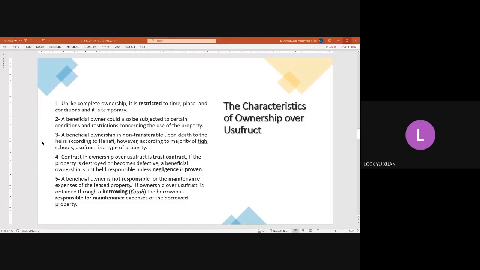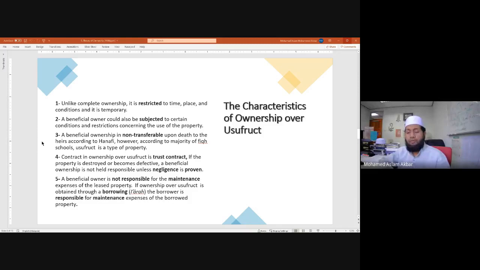So in this condition, we are sharing the expenses to take the Grab or taxi. So is it the concept of the ownership over usufruct? Both of you have ownership of the usufruct. Both of you sharing the fare.